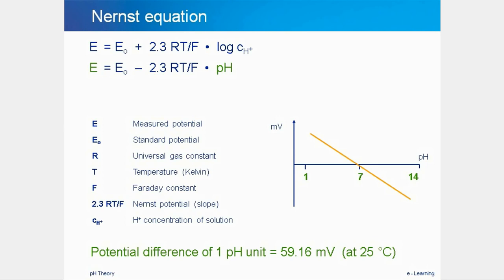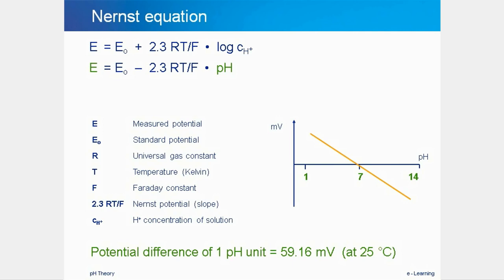If all the physical constants and a standard temperature of 25 degrees Celsius are input into the equation, the relationship between potential and pH is a potential change of minus 59.16 millivolts per pH unit. So if the pH value increases from 7 to 8, the potential decreases from 0 millivolts to minus 59.16 millivolts.